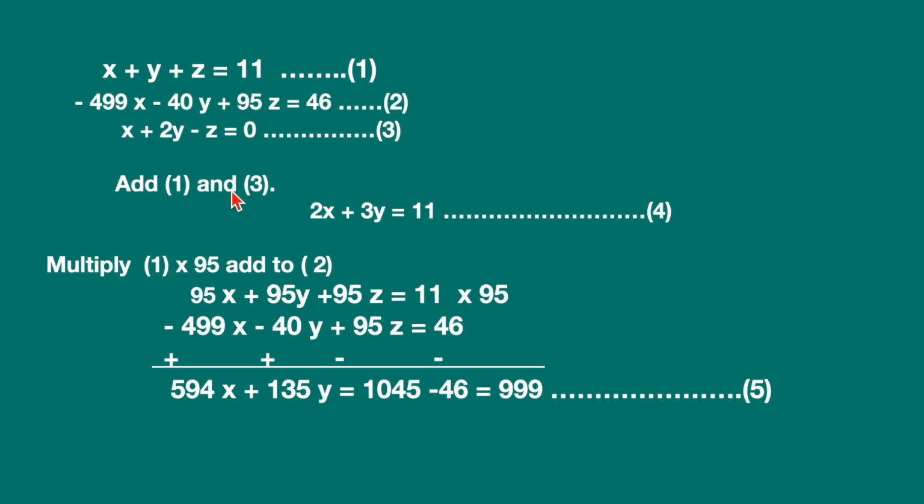Okay, now another equation also I need with the same variables. You have to be very careful here. x and y only we need. So in another equation also you have to eliminate z.